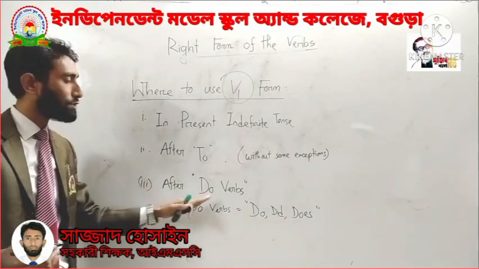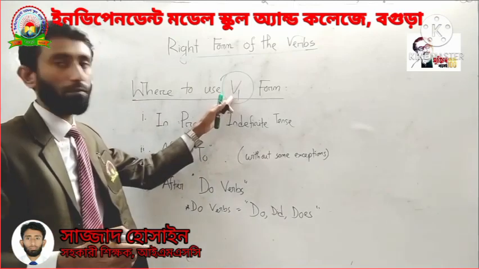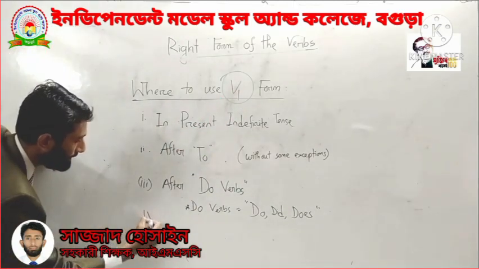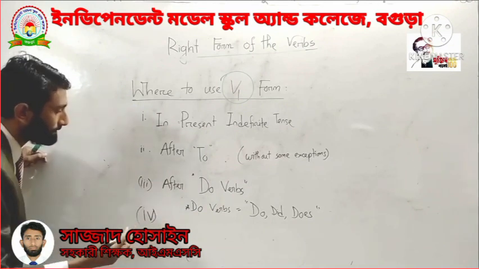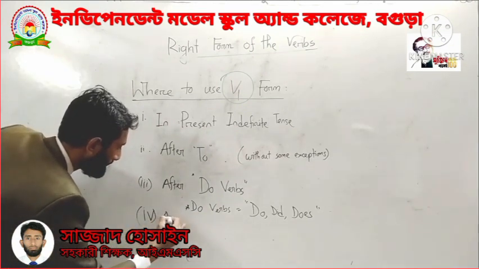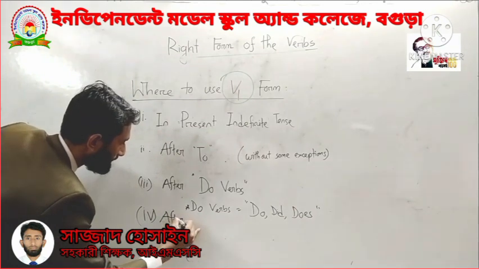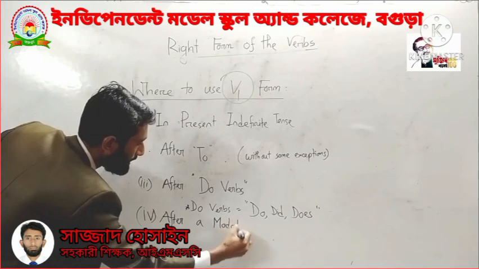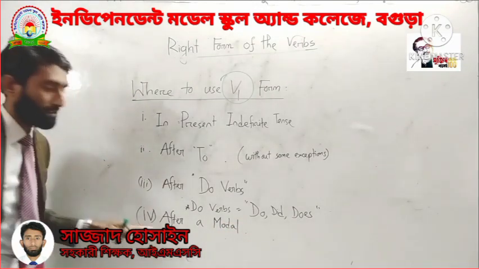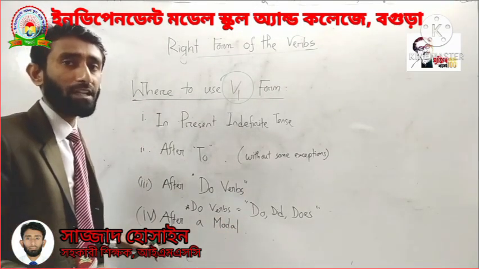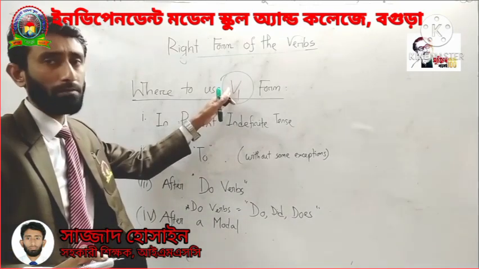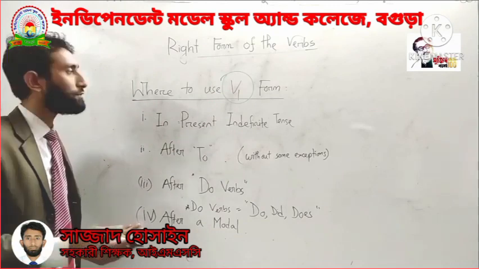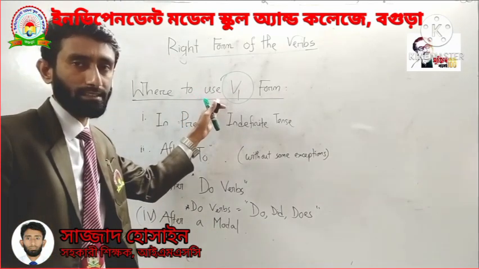And after these do verbs, you have to use the V1 form of a verb. Now come to the next one. After a modal, we know that you have to use the V1 form of a verb. And if you learn these four rules, then you can use the V1 form correctly in any sentence.